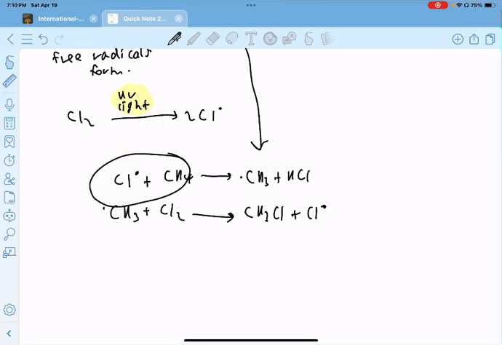In this case, it cannot take the carbon, so it'll take the hydrogen because it has 4 hydrogens. Here, it will take the Cl because there's only Cl to take, so it'll form this. Now, if you notice something in the propagation step, you will always form a free radical, and you will form a normal molecule, okay?